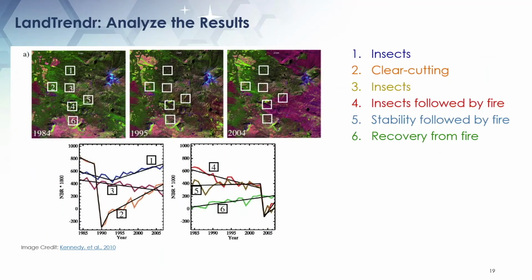So here's an example of the best fit model for multiple pixels from an image in the Cascades in Oregon. Along the top of this figure, you can see three dates from 1984, 1995, and 2004 with 6 pixels selected. Along the bottom, you can see the normalized burn ratio, NBR, values from each pixel across time from 1984 to 2006.